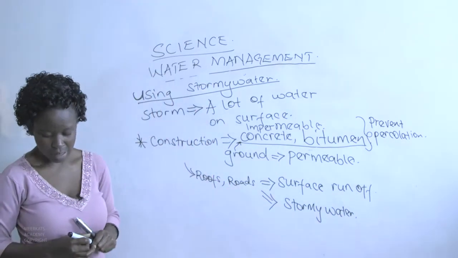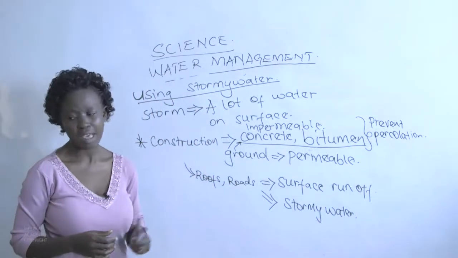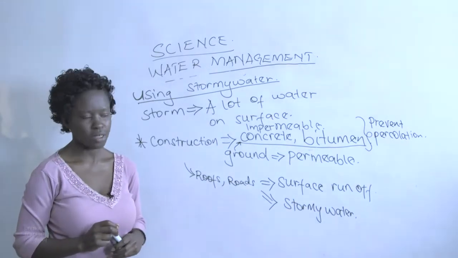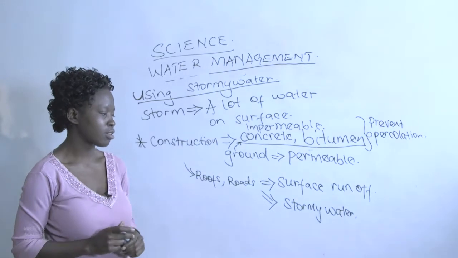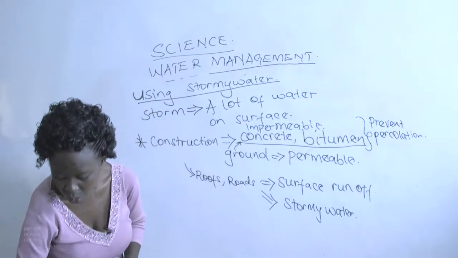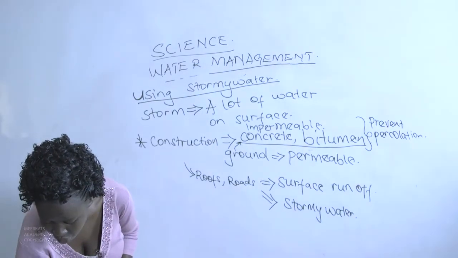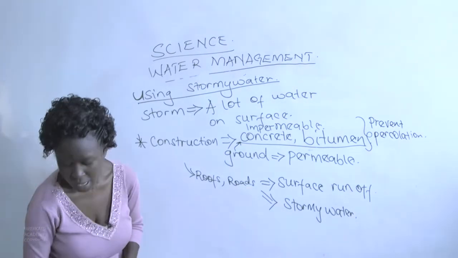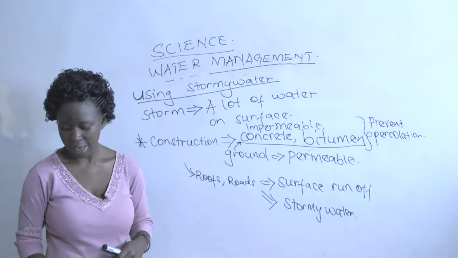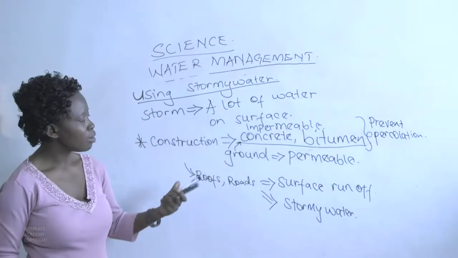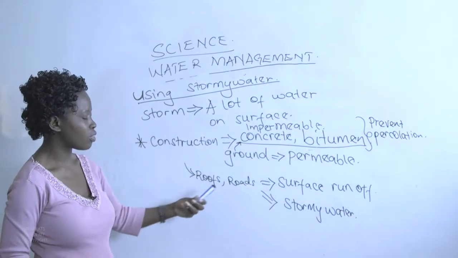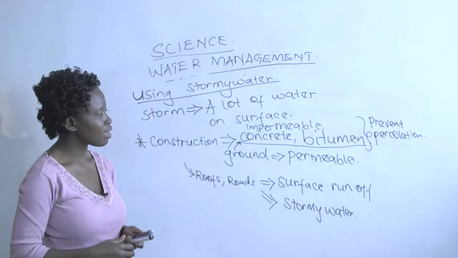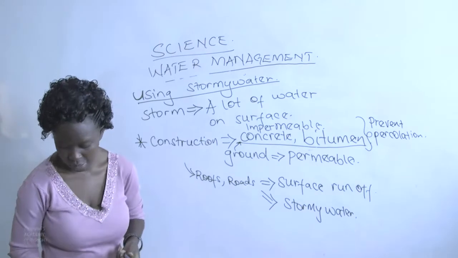So how important is this stormy water that has been formed on the surface of the earth? Or what are the effects of the stormy water on the surface of the earth? So we are having the stormy water that has been formed, and it has been given so many uses. The stormy water that is available on the earth's surface is engaged in various activities.